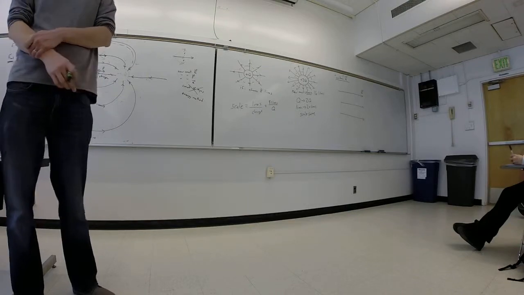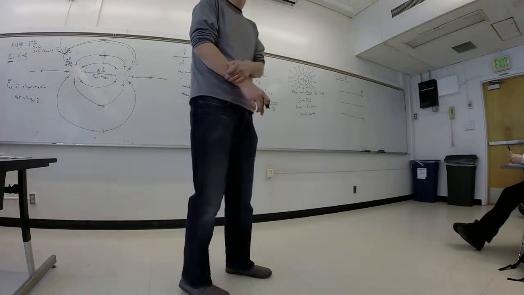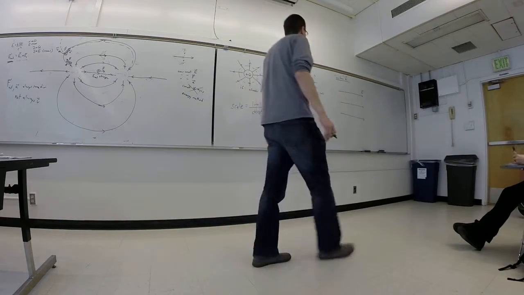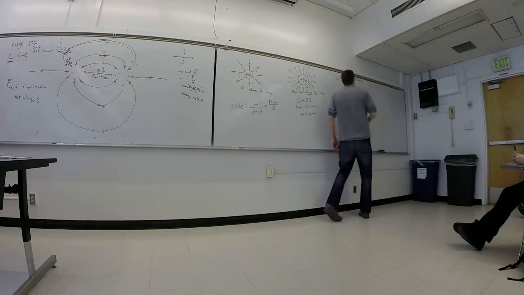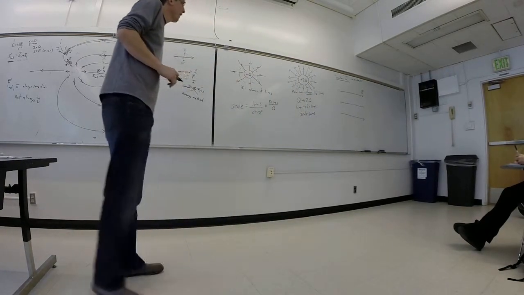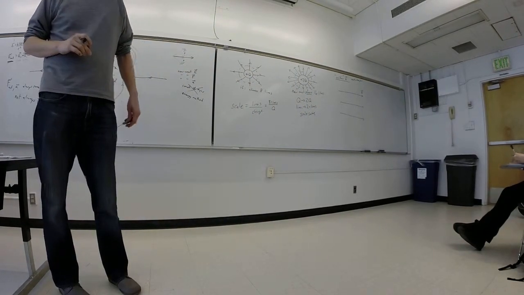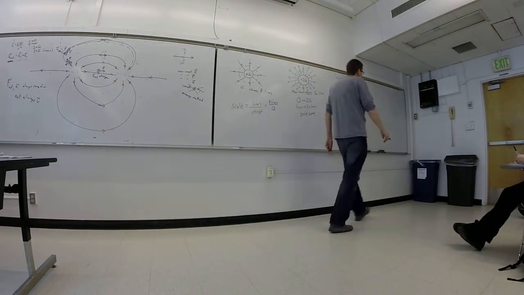And the line spacing is consistent, meaning that the strength does not vary at all either. So it's constant in size and direction. Well, that is great because that's one of the very few fields that's simple enough so that we can do it with good old kinematics.